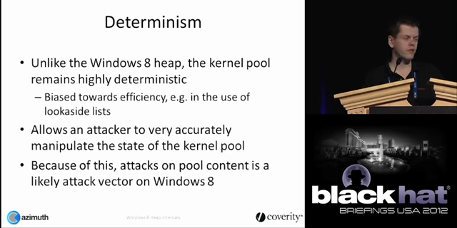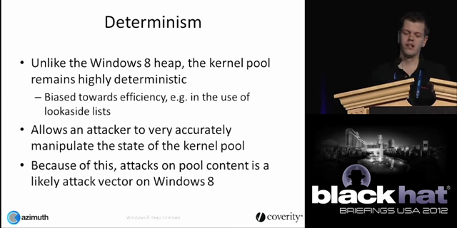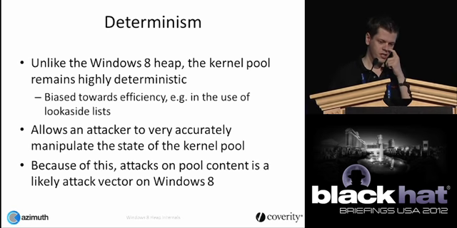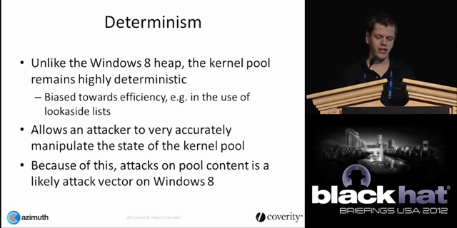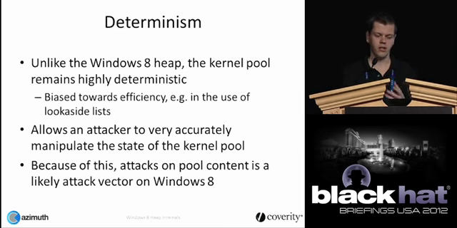So to wrap up and conclude, unlike the Windows 8 heap that Chris talked about, the kernel pool is really deterministic because it's biased towards efficiency. It needs to perform well. It uses Lookaside lists. It tries to use CPU cache as much as possible, avoid cache misses. And it allows an attacker to very accurately make allocations from where it wants to, do heap manipulation and that sort of stuff.